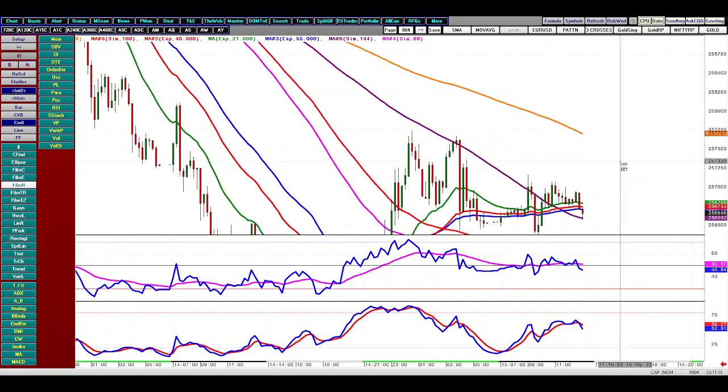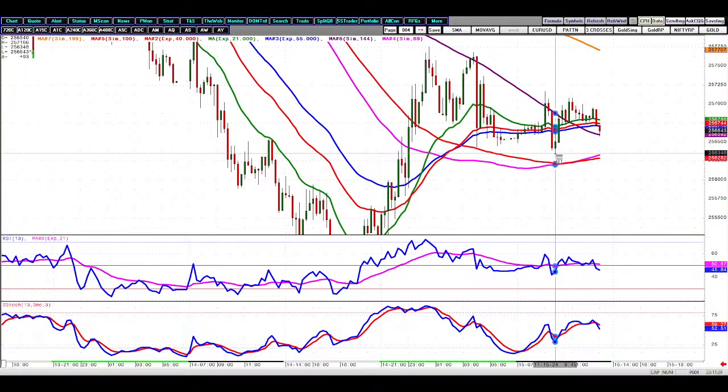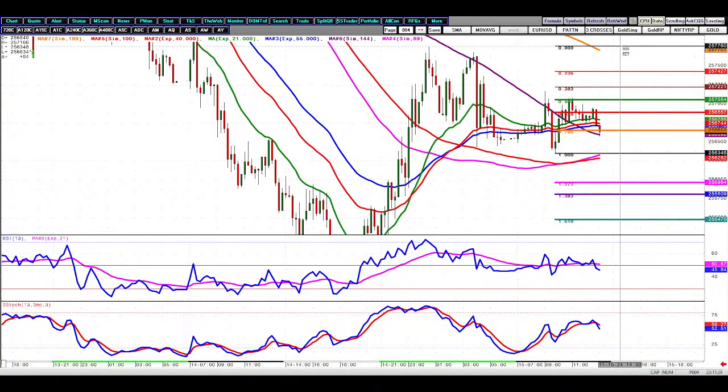There is a support at 63 half, and if this level breaks, then only we can see the price heading towards 59 half and 58 half. If this level doesn't break, then chances are this is going to be in a range, and we may not see the price breaking this low.